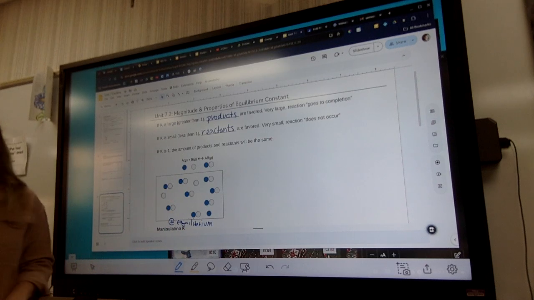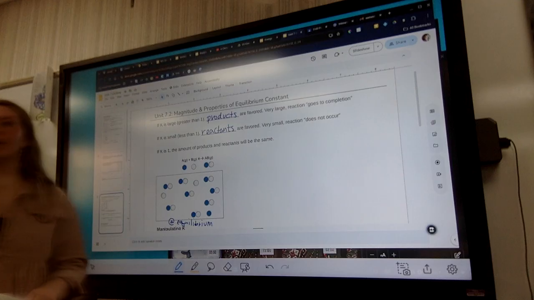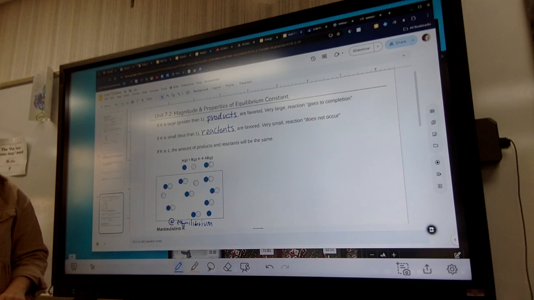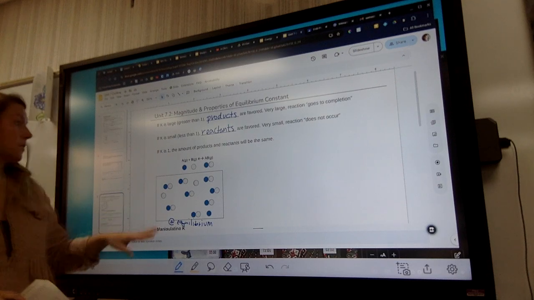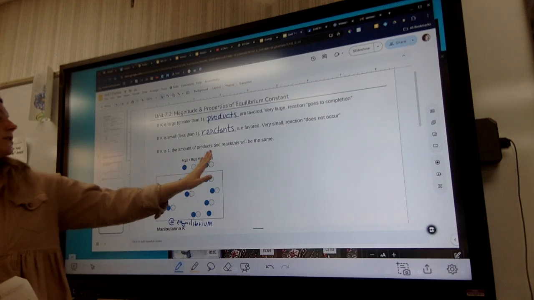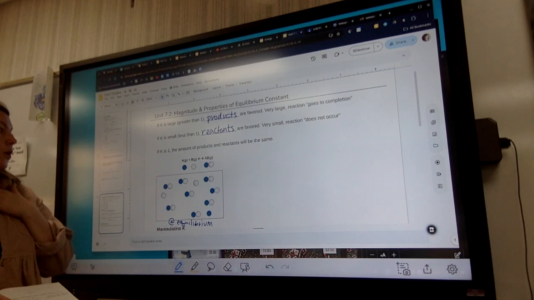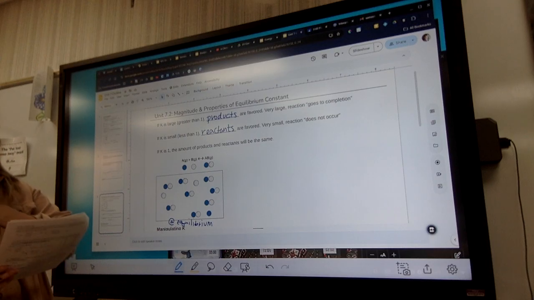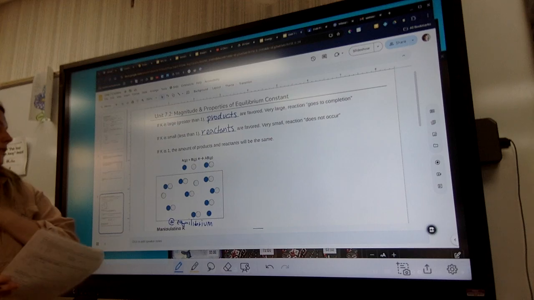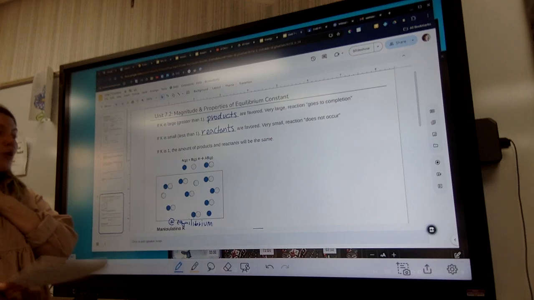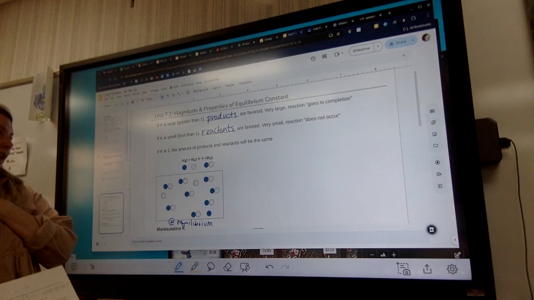A lot of times on the exam and on your Albert too, they like to give particle diagrams, which is what this is, where they give you the particles. They give us the equation. It's already balanced. And so what we can do is just count how many we have of each type.